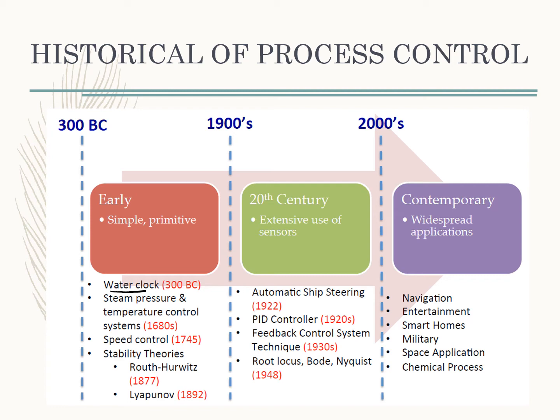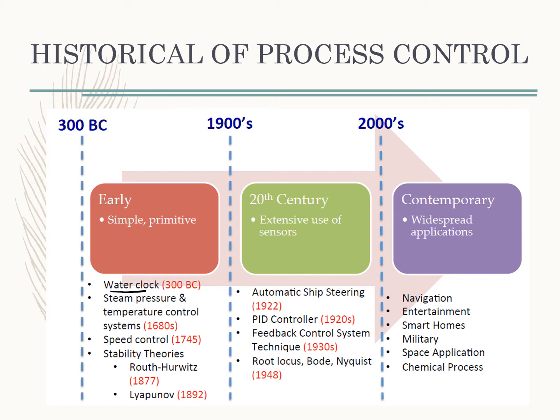That water was allowed to escape through a hole, and the time for the water to escape from the hole is read. That was how the water clock measured the time, by looking at the water flow.